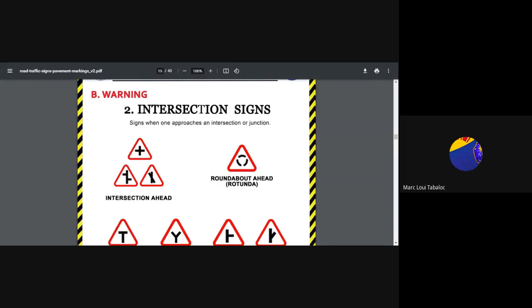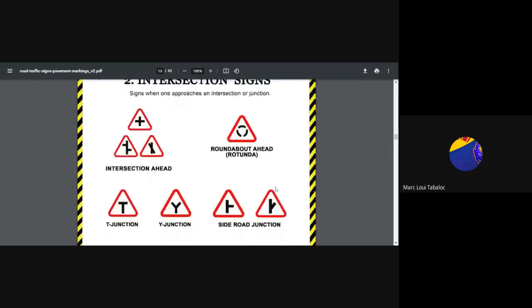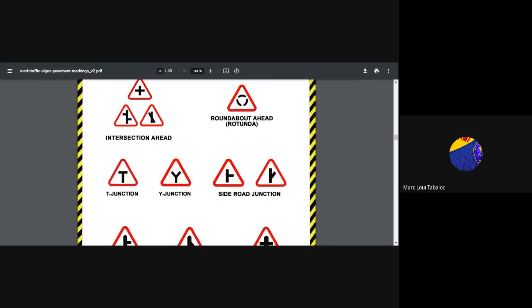To inform them of the oncoming formation ng road way ahead. Ayan. For example, roundabout ahead. So makikita nyo, obviously, may rotunda a few meters ahead. Ayan. Pati ang different kinds of intersections or junctions. Ayan. To inform road users, okay, you need to slow down kasi may paparating na junction or intersection. Okay? Ayan.